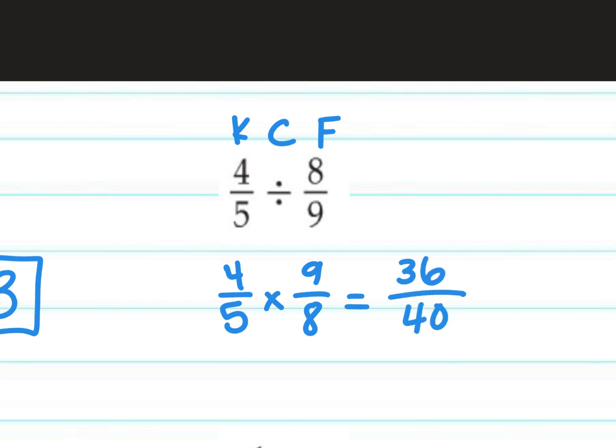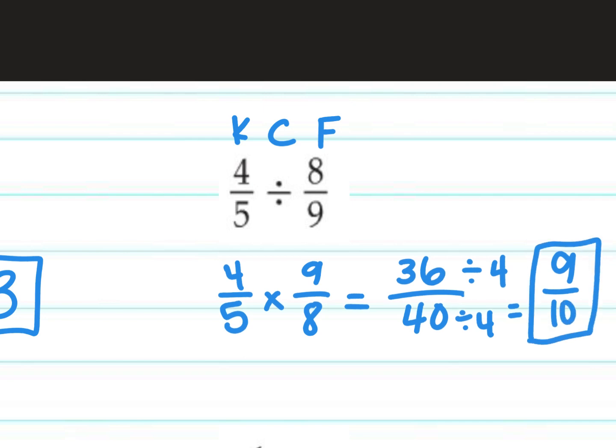If you want to do the shortcuts you've learned, you can. Otherwise, we just have to do more simplifying at the end here. I can divide these both by 4, which would be 9/10. And I think that's in simplest form then.